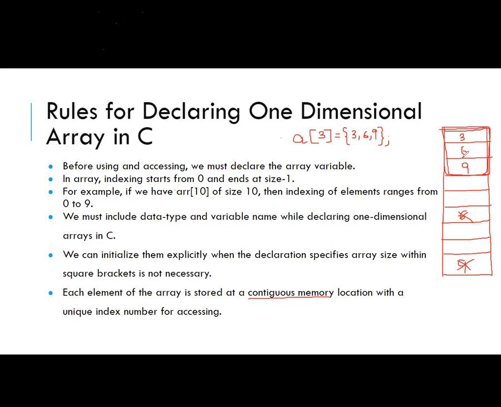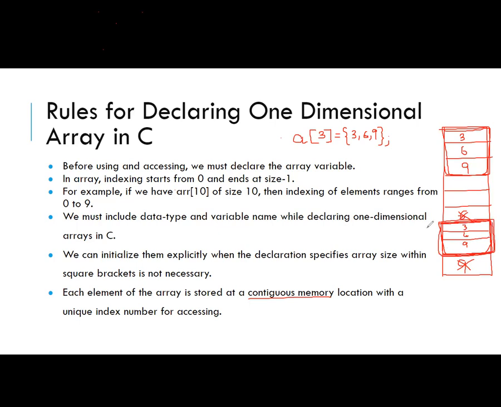In case this is occupied, it will find some continuous block here where I can store 3 elements, that is 3, 6, 9. So whichever continuous block is available in the RAM will be allocated. Why? Because in an array the storage is a contiguous memory location.